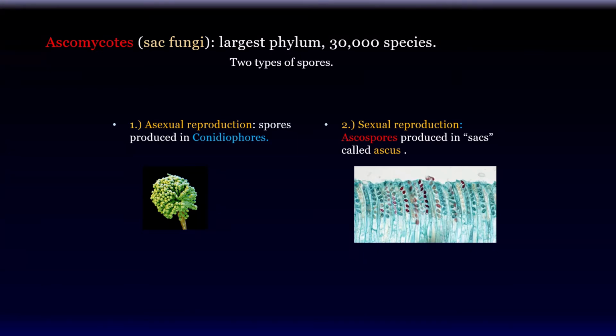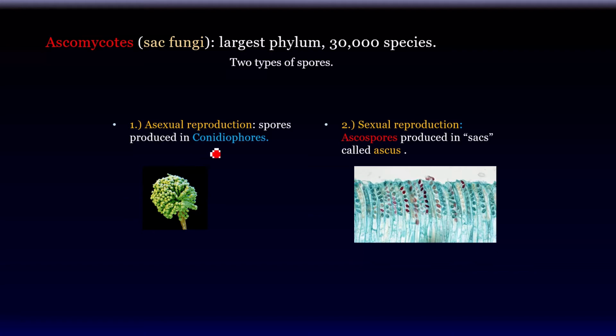There are two types of spores that they produce, just like Rhizopus stolonifer. They produce spores by asexual reproduction, by a mitosis-type process, and these are all haploid spores, just like before.